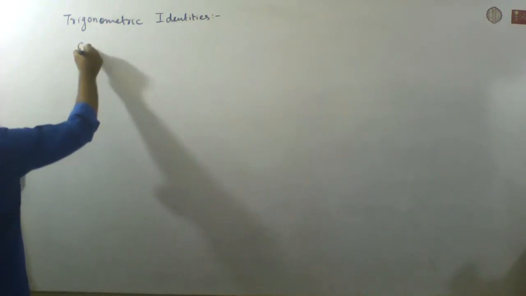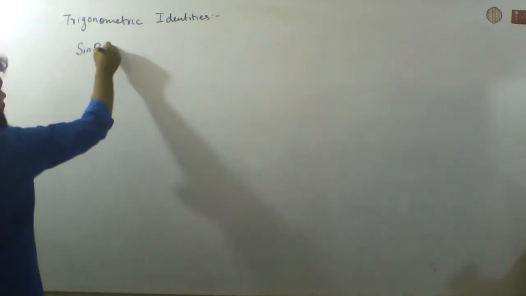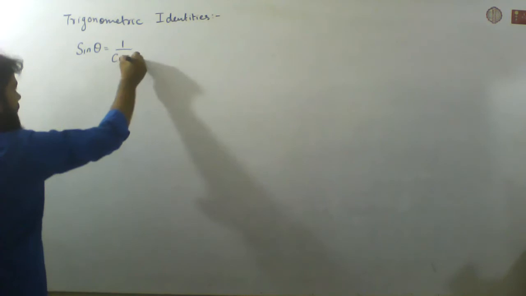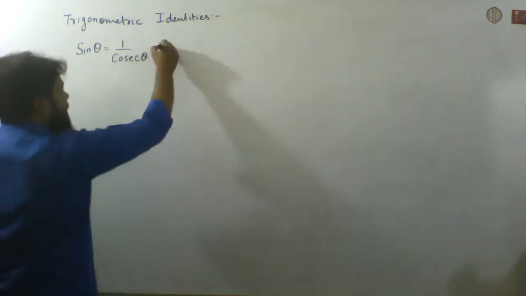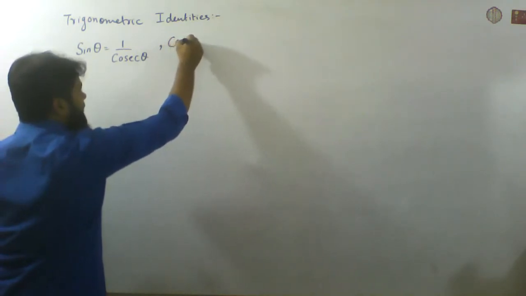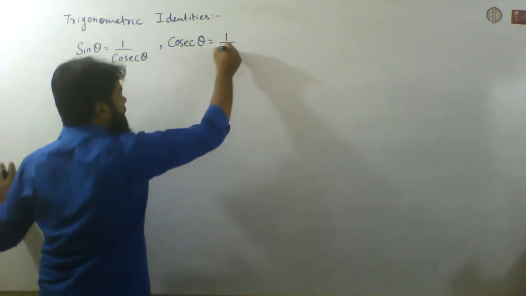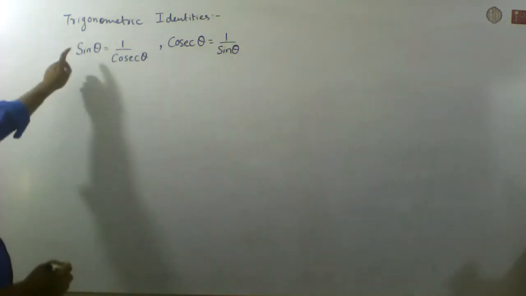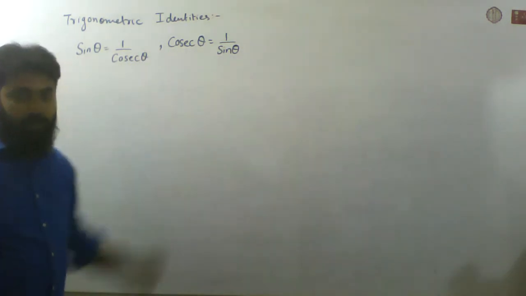Those are, first thing, sine theta is equal to 1 over cosec theta, or cosec theta equals 1 over sine theta. Okay, each is the other's reciprocal.